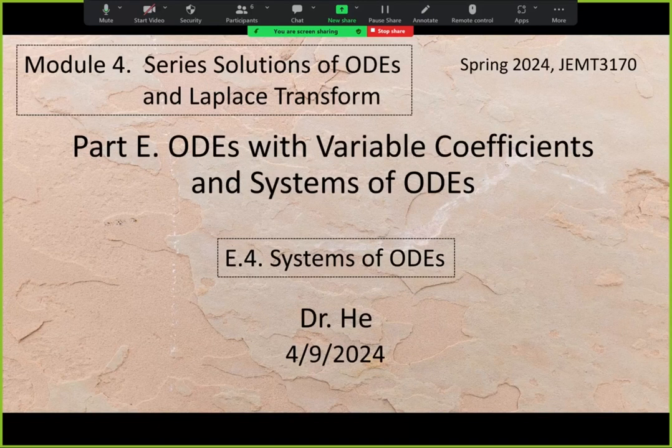Then the last example I want to show you, systems of ODEs. Next, we want to use Laplace transform to solve systems of ODEs. Then you can see we have another powerful tool to solve systems of ODEs. The solution also, I feel, is much simpler than our old solution.